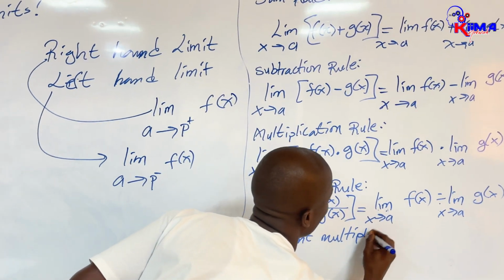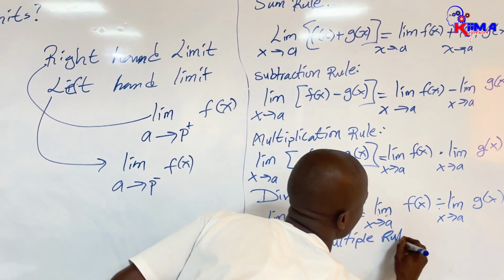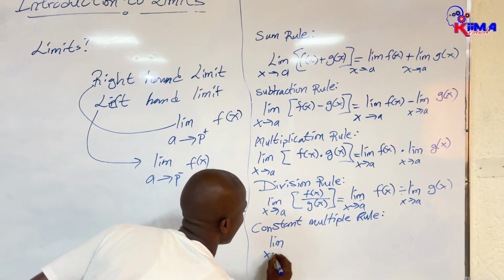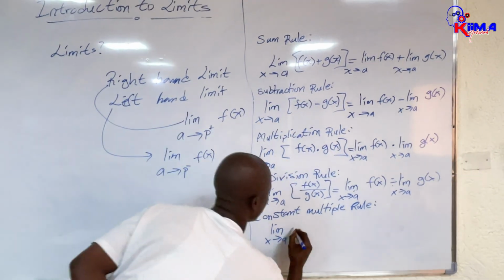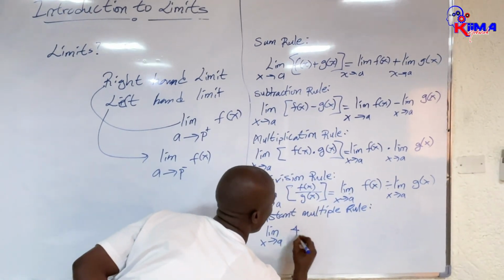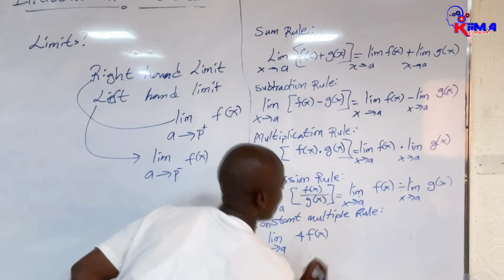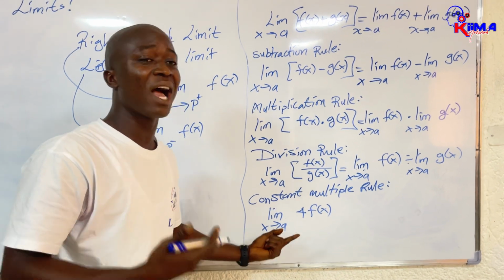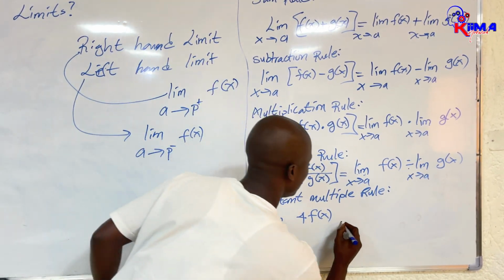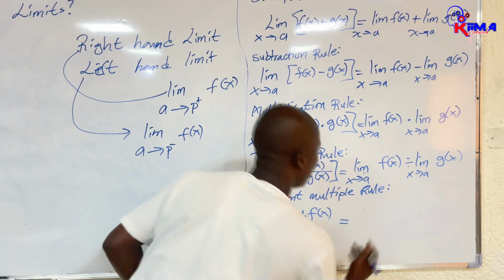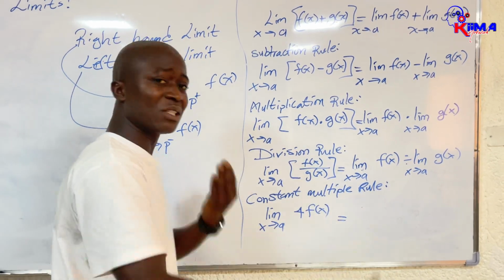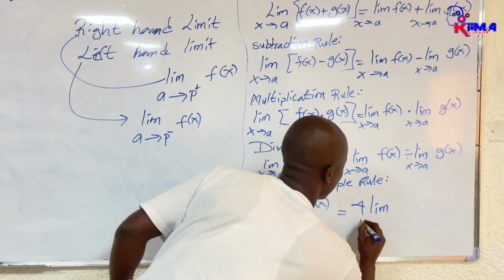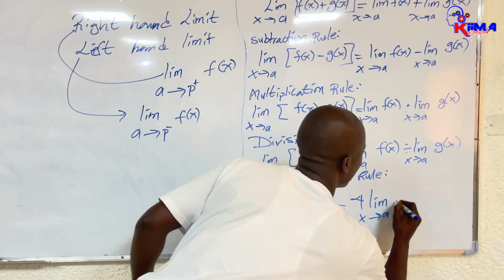We say the limit as x approaches a of 4 times f of x. 4 is a constant. How can this rule be applied? We factor out the 4 across the limit, so we get 4 times the limit as x approaches a of f of x.